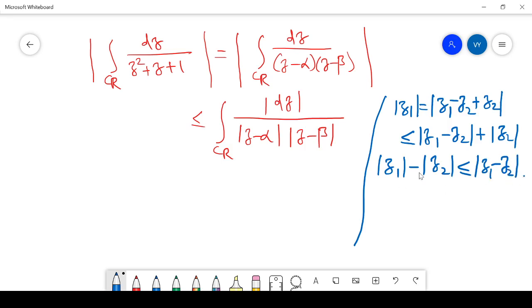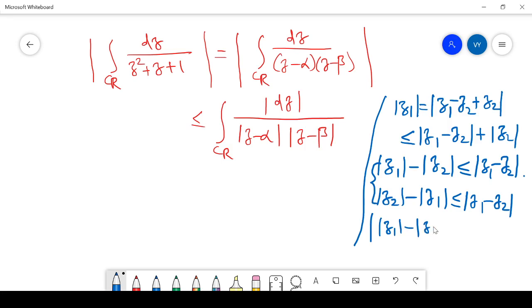Changing the roles of z1 and z2, I will have modulus of z2 minus mod z1 less than or equal to modulus of z1 minus z2. Taking these two into consideration, I have modulus of mod z1 minus mod z2 is less than or equal to modulus of z1 minus z2.